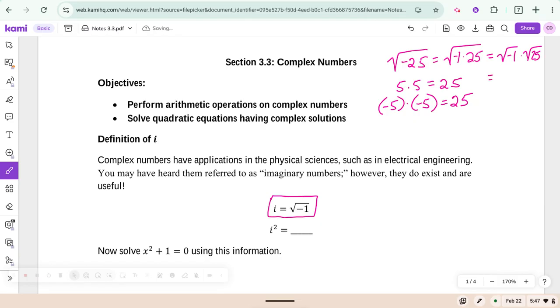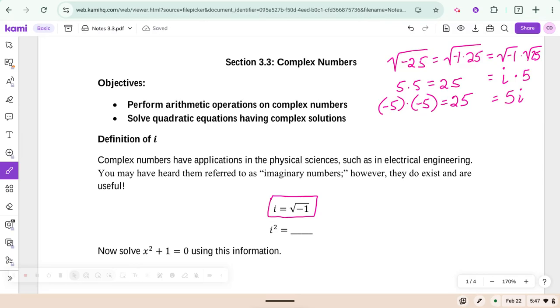The square root of negative 1 is this number that we just introduced called i. The square root of 25 is, of course, 5. And so the square root of negative 25 is 5i.